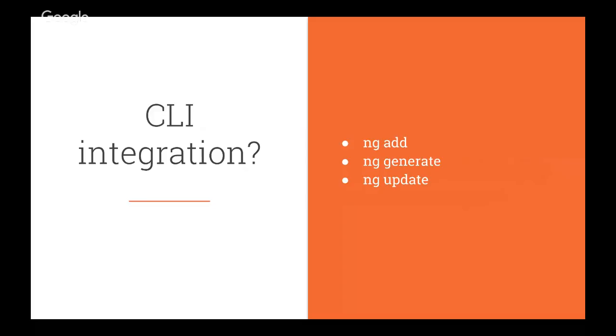And also, if a library maintainer has specified an update schematic, when you run that update command, their schematic will get picked up in that group of updates and apply their transformation to your file system as well. Next, we're going to look at an example of a container component with schematics.